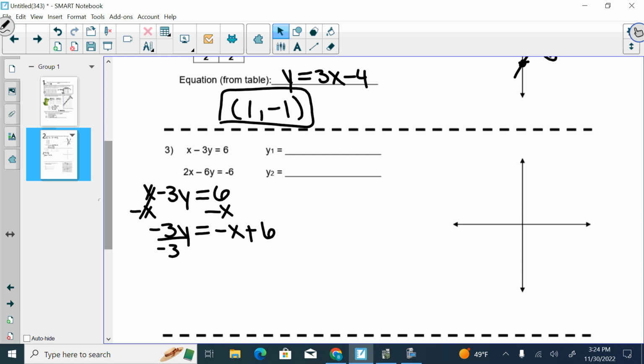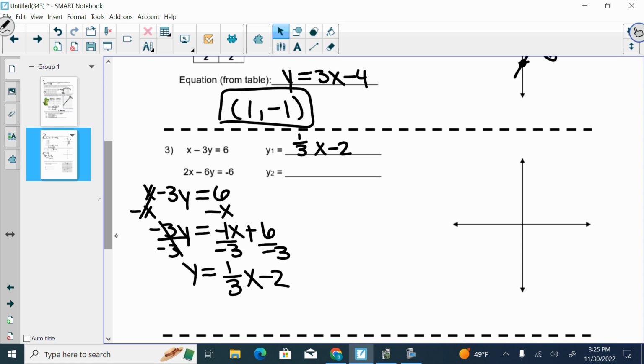Divide everything by that -3. Alright. What's that secret number in front of x? 1. So I've got -1 divided by -3. I can't actually divide those, but we do know 2 negatives is going to give us a positive. So we've got 1/3 x, very good, and 6 divided by -3, very good, minus 2. Okay, so there's our first equation. That's my y1, 1/3 x minus 2.